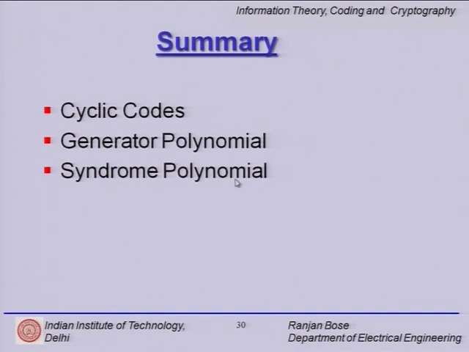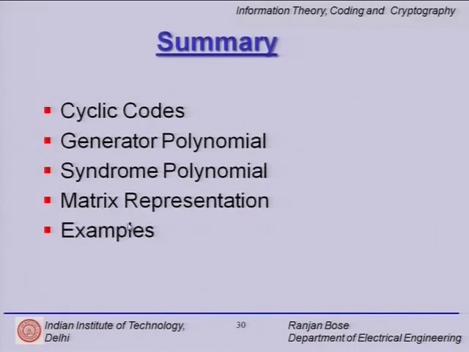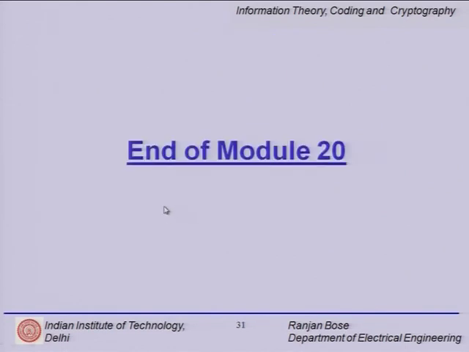Then we looked at the syndrome polynomial and why it is possible to detect more errors than predicted by the D star philosophy. Finally, we looked at the matrix representation, and this is where we will continue in the subsequent lecture. We also looked at some examples to show that yes, it can indeed do better than the error detection predicted by D star. With that, we come to the end of this lecture.